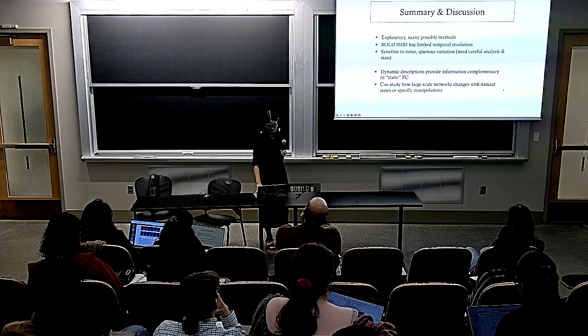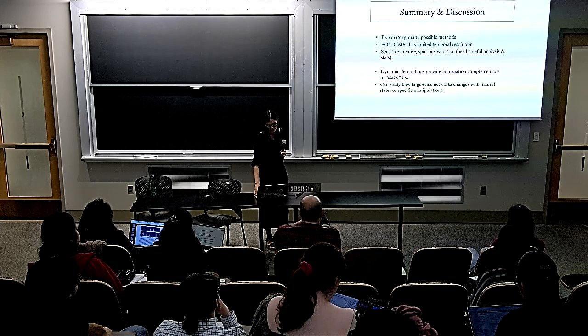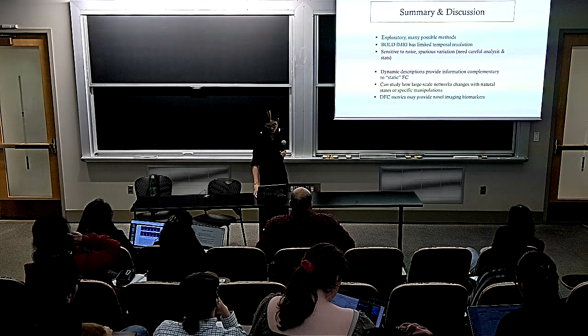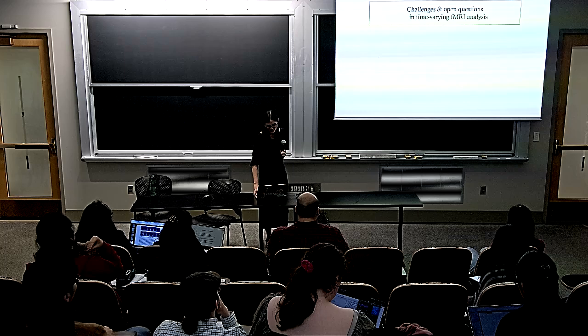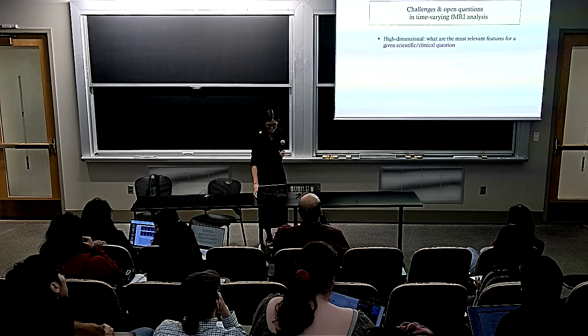And we can design experiments where we study dynamics of network connectivity together with specific manipulations, or we can study them at rest. So I wanted to pose some open questions to you, in case you are doing research on this.